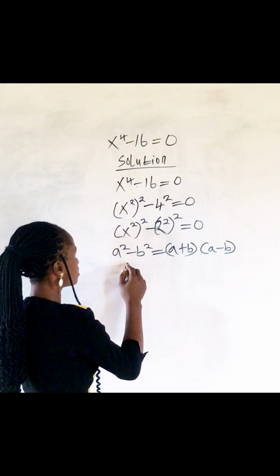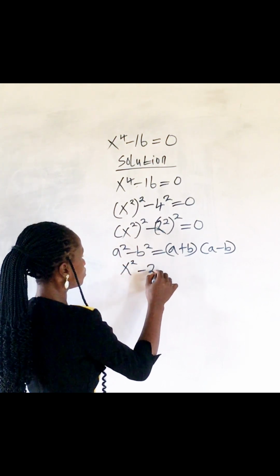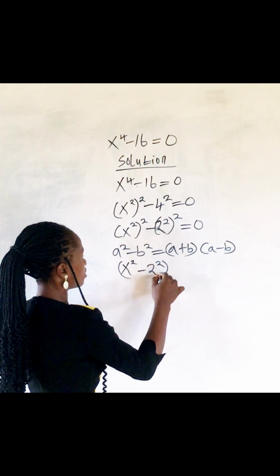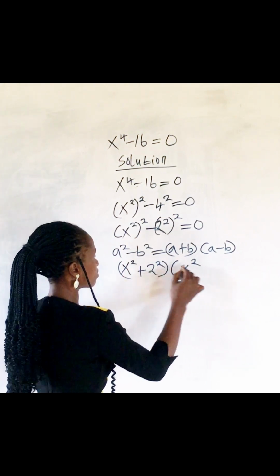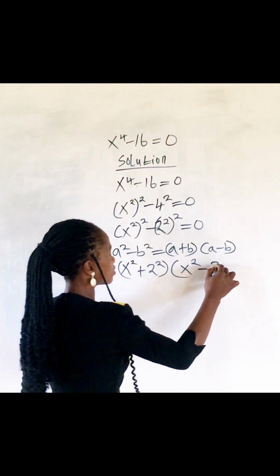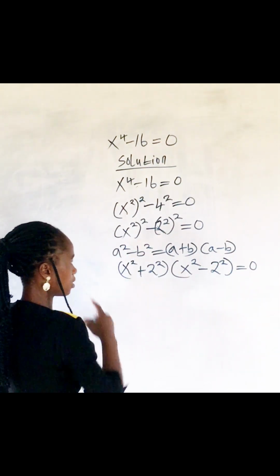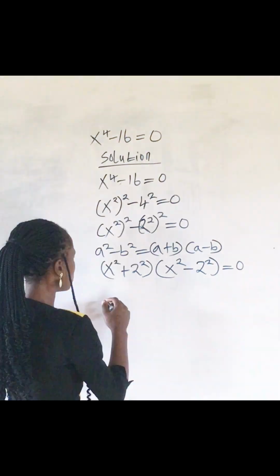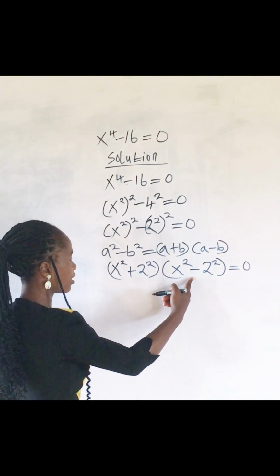So you can have it as x squared minus 2 squared into x squared, okay, let's make this a plus, and plus 2 squared equals 0. So now, having this, this is also another difference of two squares.